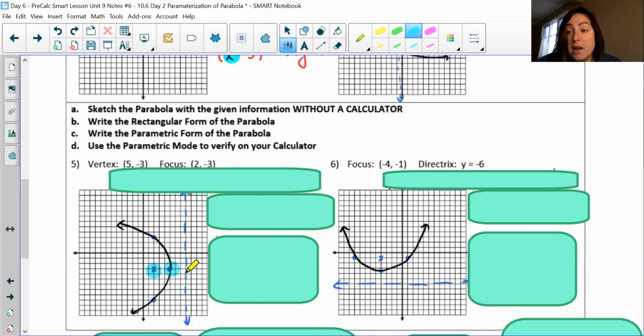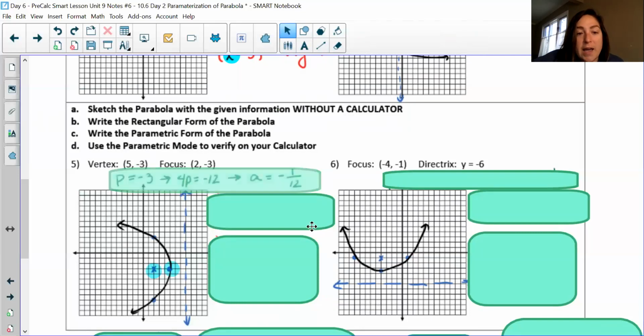So again, there are 2 ways that you can go about doing this problem. Either way, you need to get your equation in rectangular form first. From here, I can identify my p-value is -3, which means 4p is -12.